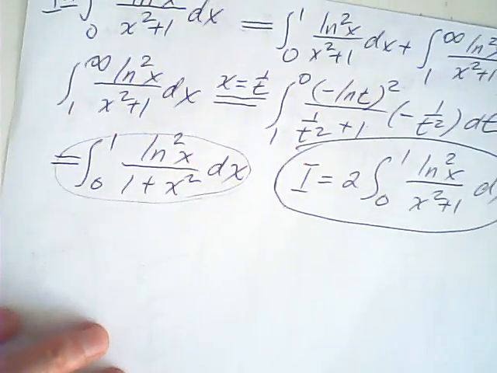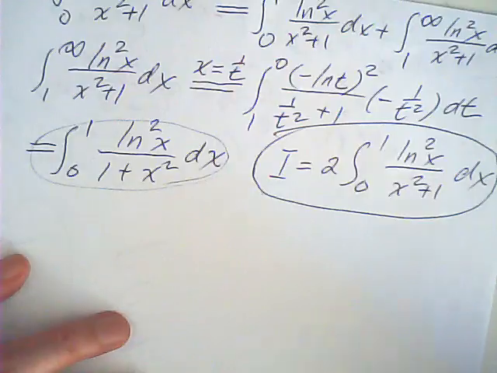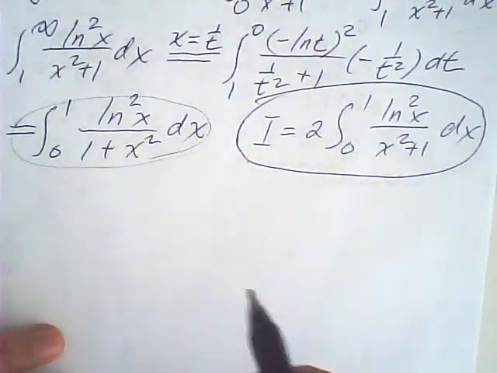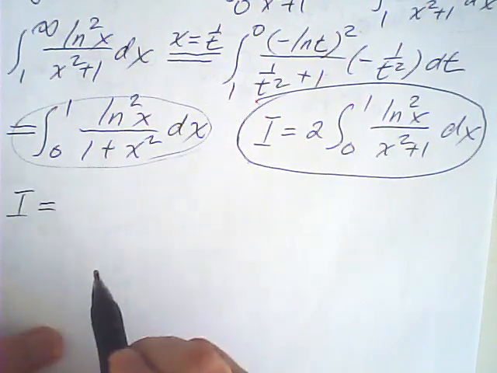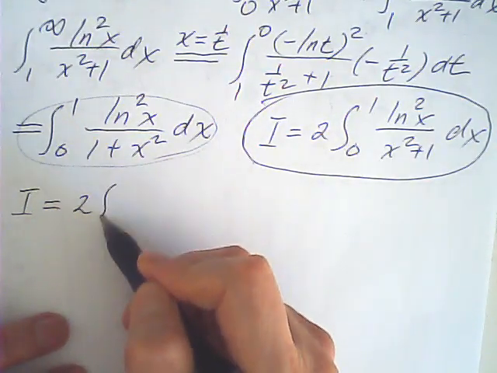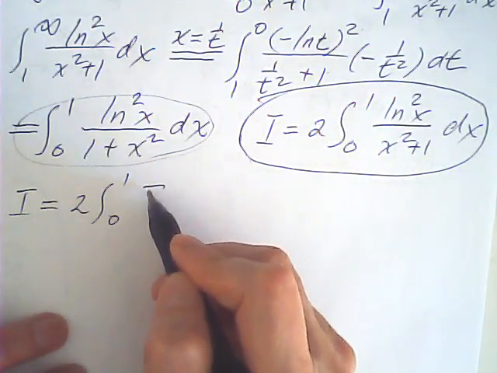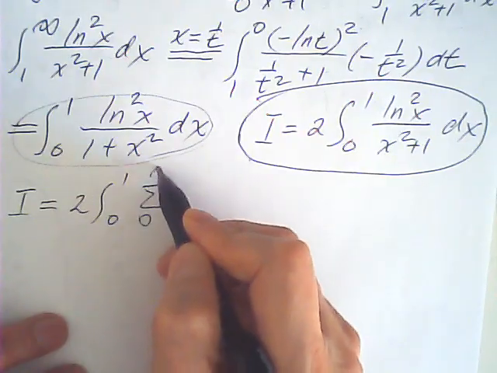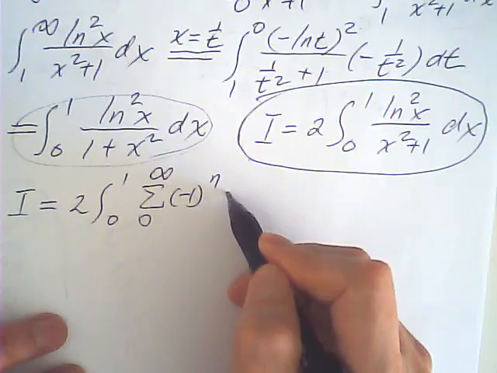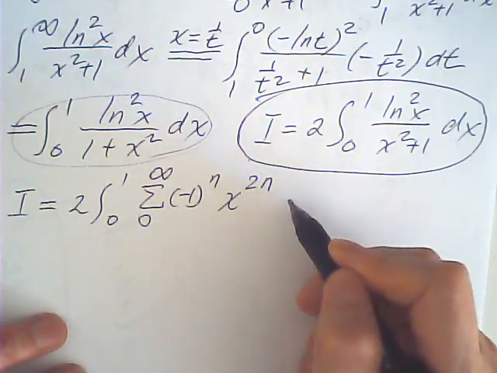So our x squared is between 0 and 1. So the condition for the power series is satisfied. Therefore, my I is equal to twice the integral. This 1 over this becomes the power series, negative 1 to the n, x to the 2n.